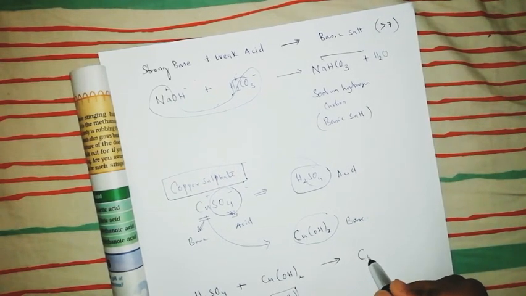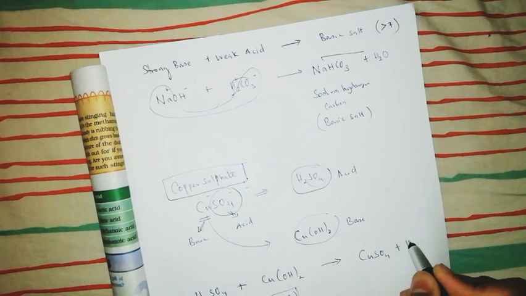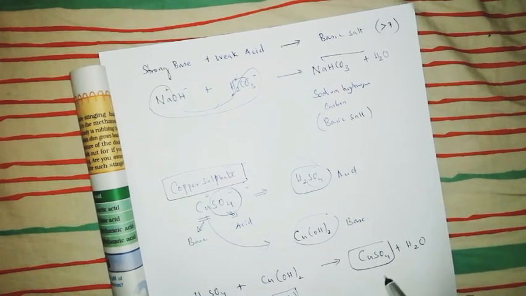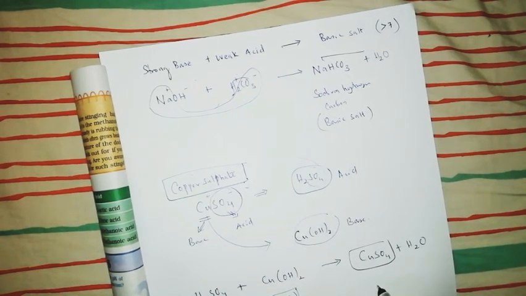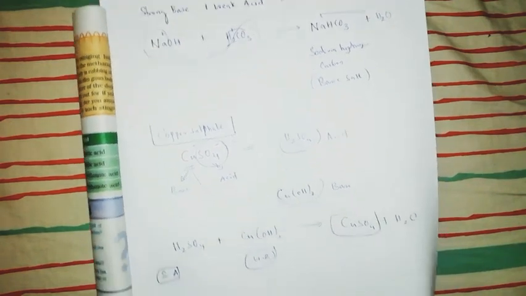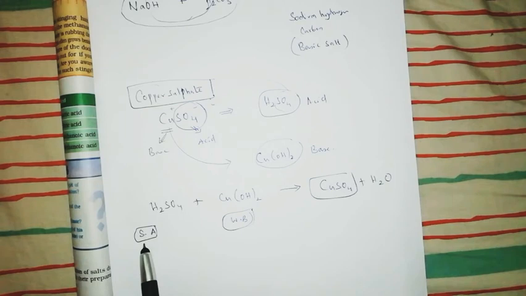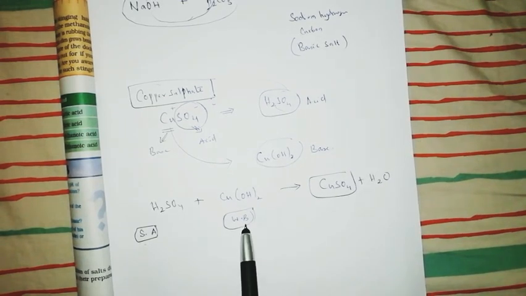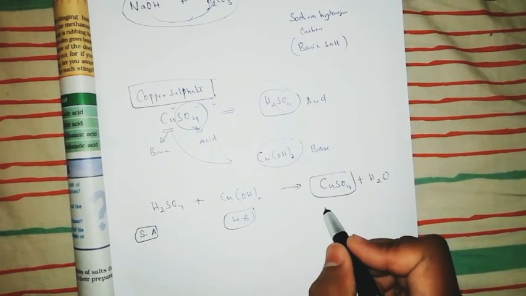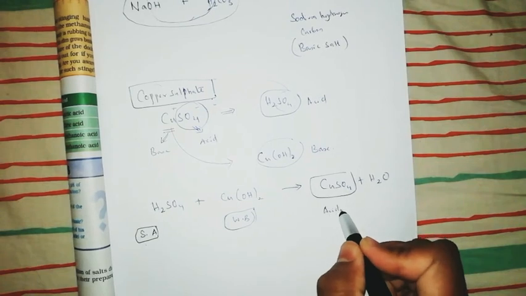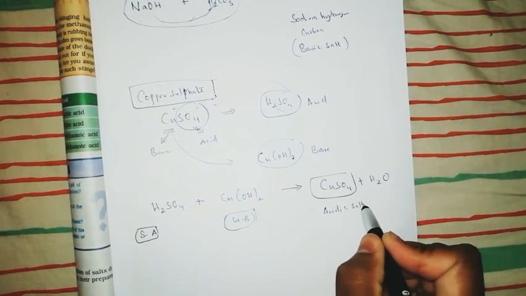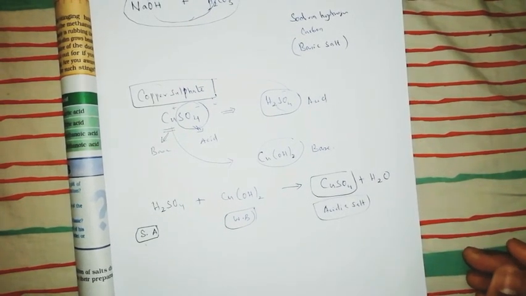It forms copper sulfate plus H2O. Can you identify now? When a strong acid reacts with a weak base, it forms, yes, an acidic salt. So, this is how they form.